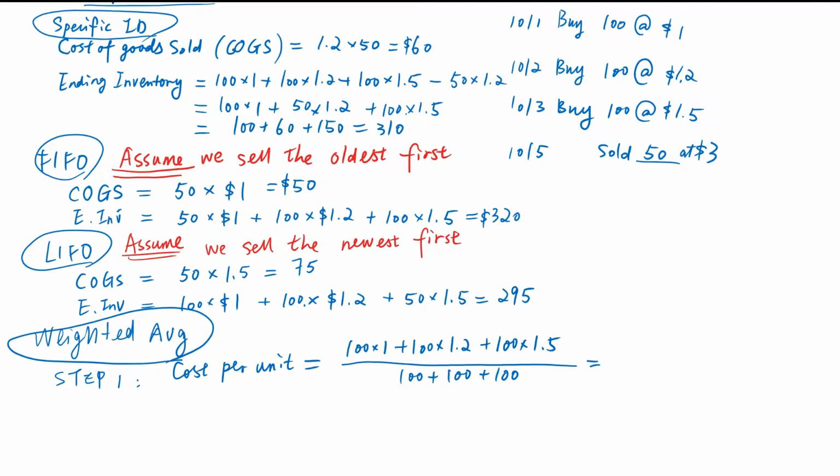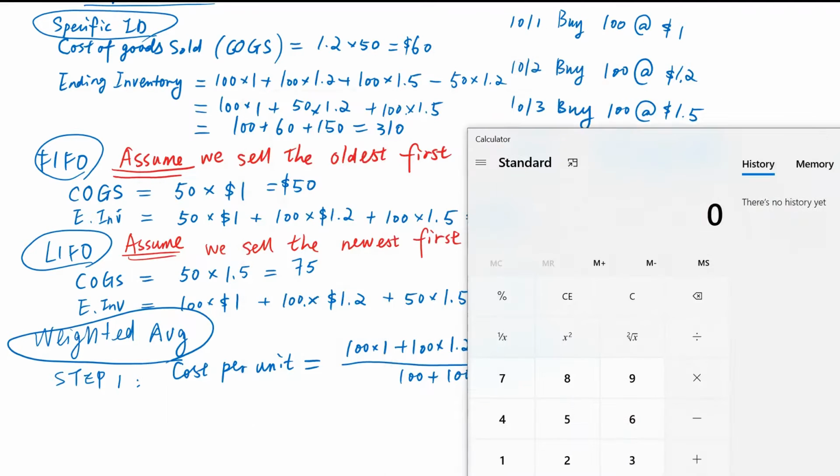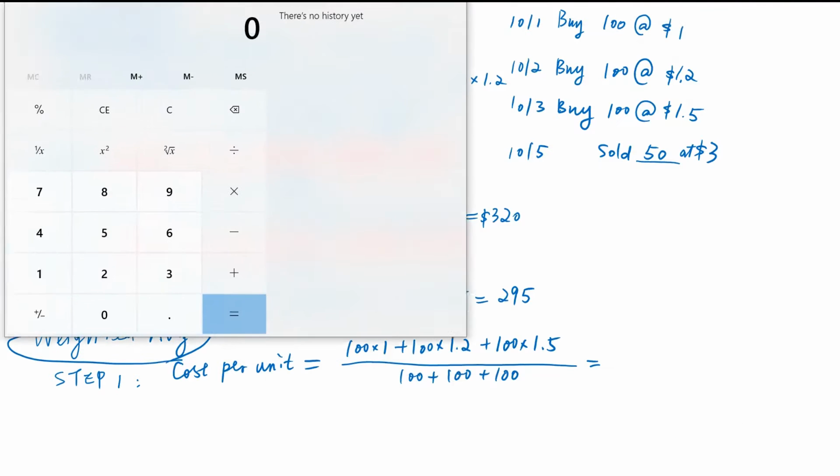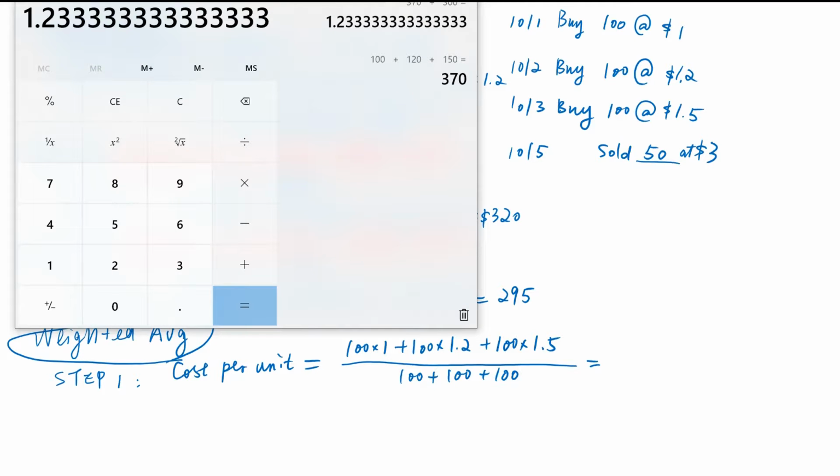And this would give us, bring in the calculator, 100 plus 120 plus 150 divided by 300, $1.23.